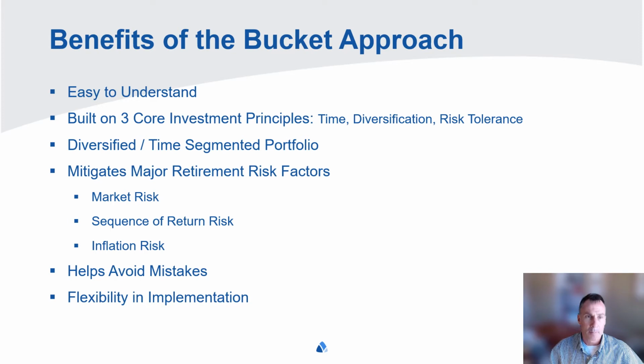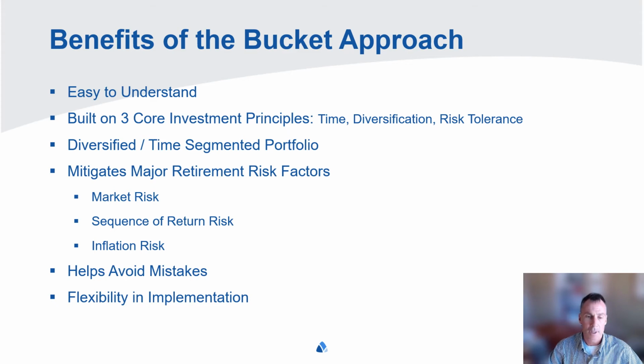Another benefit is it mitigates several of the major retirement risk factors that you'll face throughout your retirement. Those include market risk, sequence of return risk, and inflation risk. The first two, market risk and sequence of return risk, are the key risks that folks leading up to retirement and transitioning into retirement are going to face.